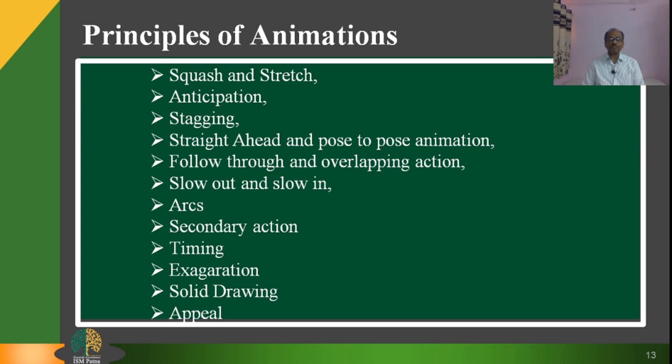Arcs. As we know, for trajectory motion, we use arcs. So, all actions, with few exceptions like animation and mechanical devices, follow an arc or slightly circular path. This is especially true for the human figure and action of animals.